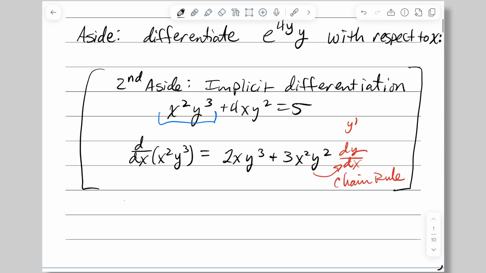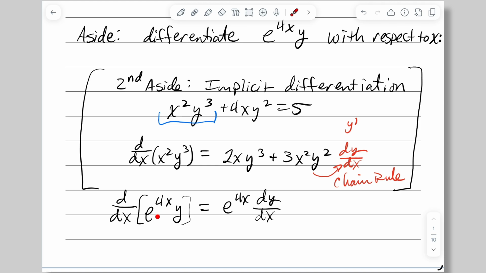Applying that to our first aside, the derivative with respect to x of e to the 4x y. Of course, I meant e to the 4x. If we differentiate e to the 4x y with respect to x, we have the first times the derivative of the second, so e to the 4x, and the second is being differentiated with respect to x, so e to the 4x dy dx.